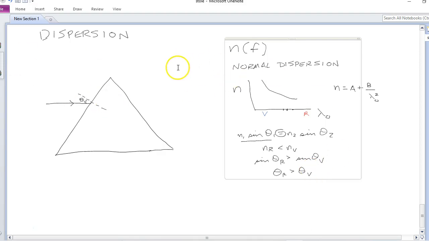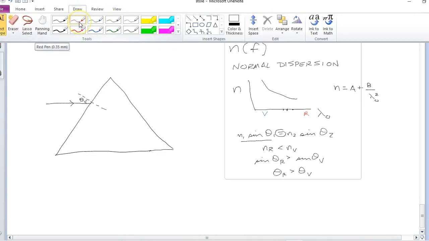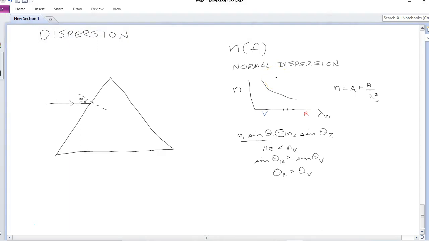So what does that mean in my picture? Physically, what's happening? Well, if I were to draw that, the red angle's got to be bigger than the violet. So let me start off with my violet. Now this light is going from air into a piece of glass or plastic, so it's going from low into high.